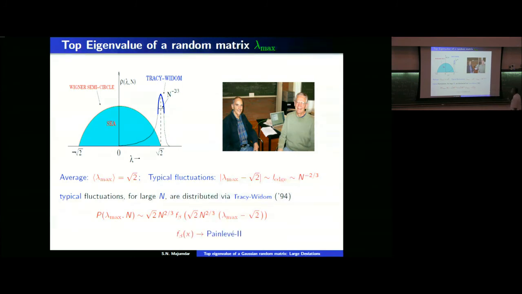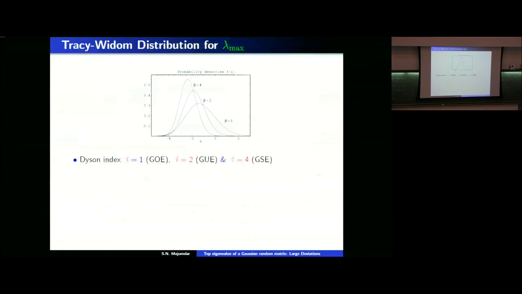What they showed, I'm not going to repeat. Anupam had shown you that it satisfies some complicated Painlevé II equation. And so this is a non-trivial scaling function. And I'll finish in 2 minutes. If you plot this function, it looks like a Gaussian, but it's not quite Gaussian. It depends on beta, which varies from 1 to 4.